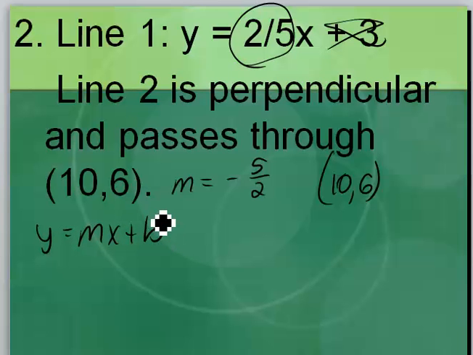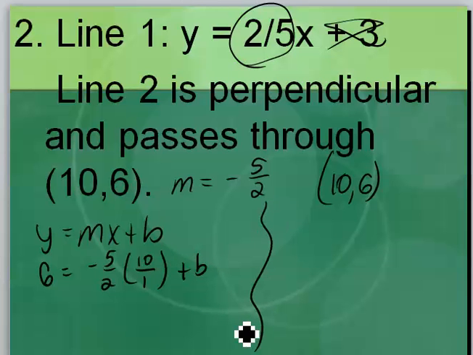Using slope-intercept, y equals mx plus b, our y value is 6. M, our slope, is -5/2. X is 10, but since I'm multiplying by a fraction, I'm going to write 10 over 1, plus b. If we multiply -5/2 by 10, the 2 divided by 2 turns into a 1. 10 divided by 2 is 5. So we have 6 equals -5 times 5, which is -25, plus b.